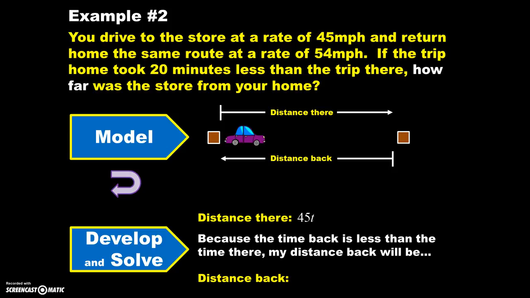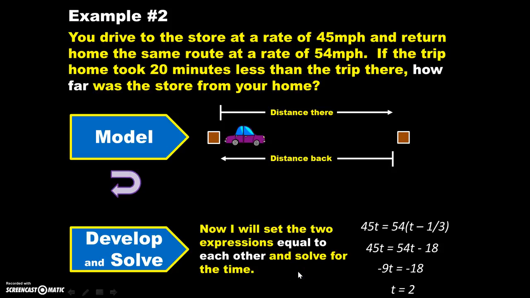And because the time back is less, my distance on the way back is going to be 54 times the quantity t minus 1/3. It took me less time on the way back, so that's where I get my minus sign. And it was 20 minutes less, which is where I get my 1/3.